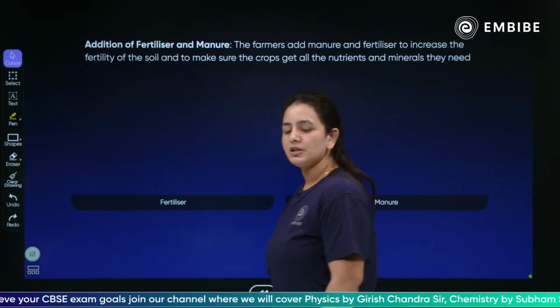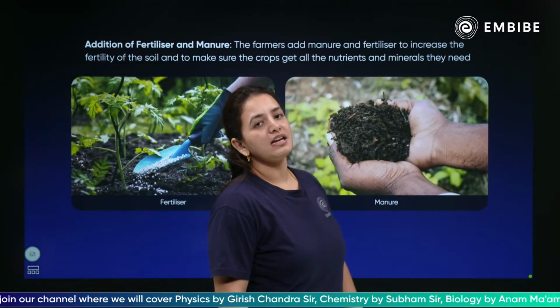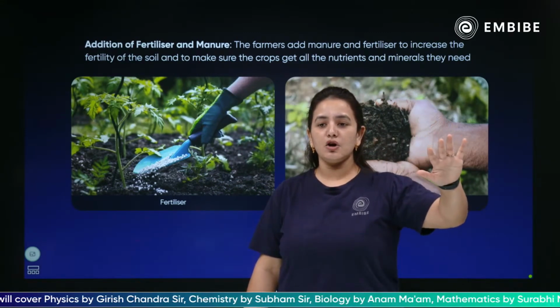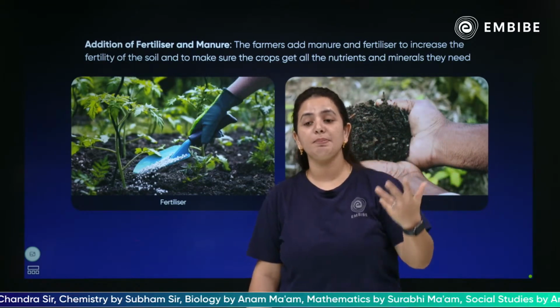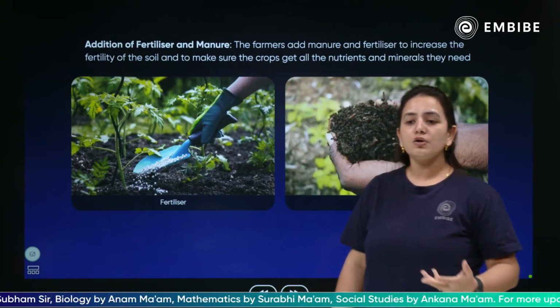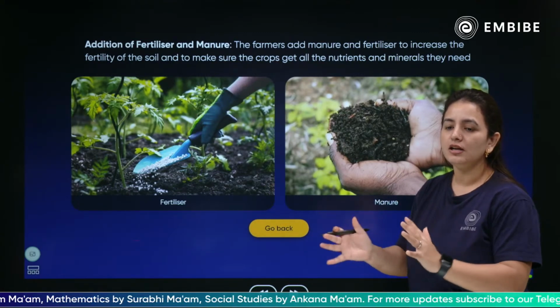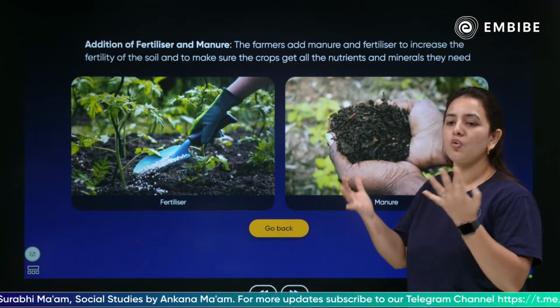The third step, children, is the addition of fertilizers. What is fertilizer or manure? Many of you may have a kitchen garden in your home, or your parents might have plants at your home. Sometimes we mix some kind of fertilizer in the soil so our plant can obtain lots of nutrition and can grow well.